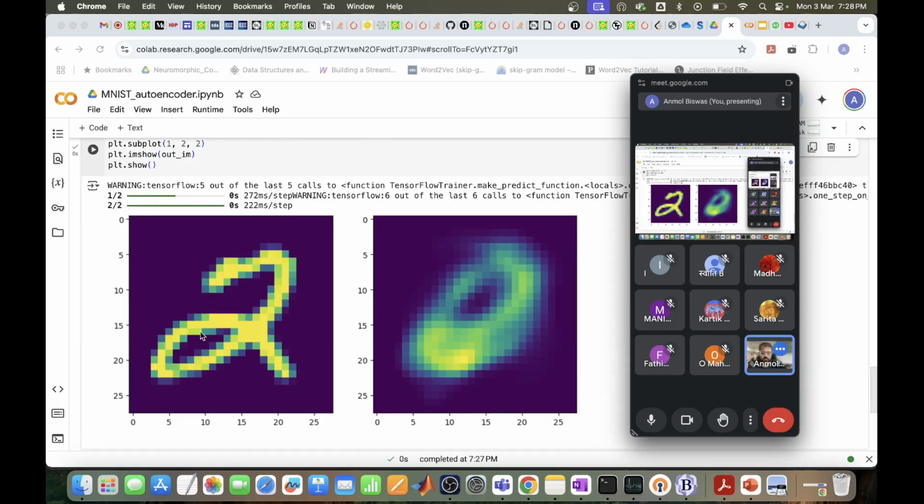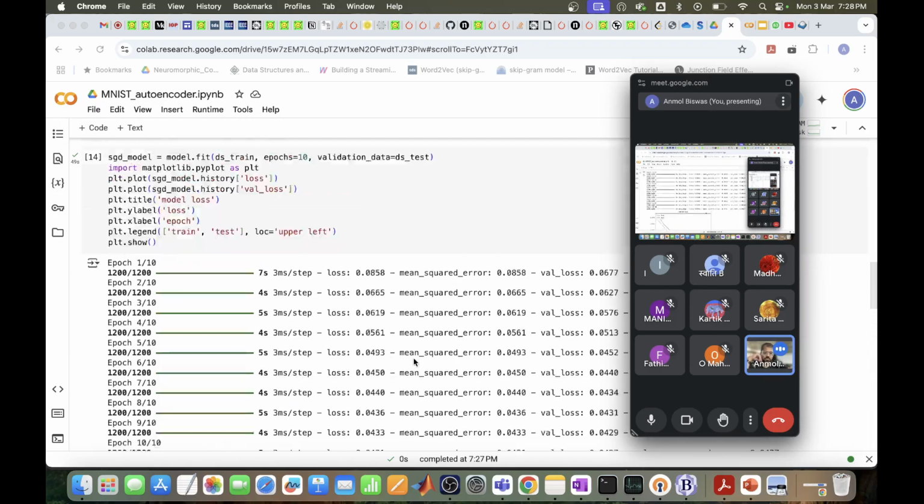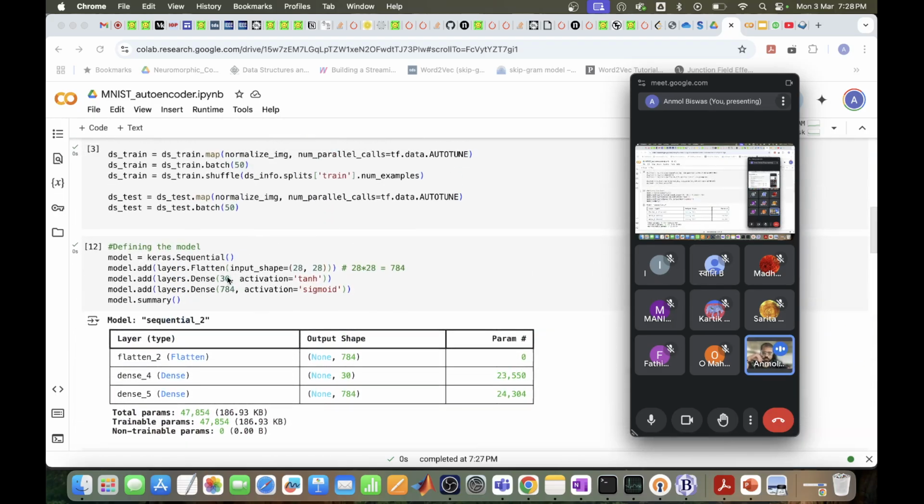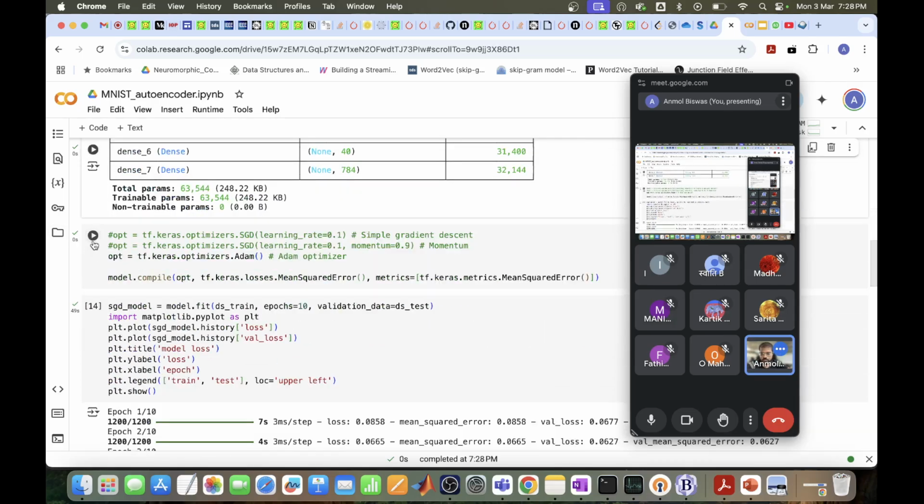It has captured the shape of this tool, going from here to here, but it has not accurately captured the tail. So if we just increase it a little further to 40, you can see.